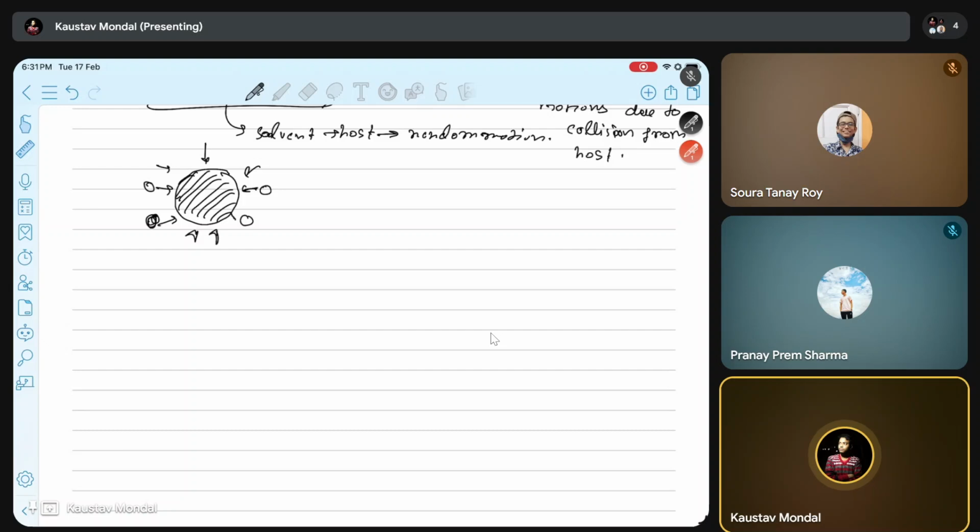Because of that, the larger particles show less motion as the forces balance out.